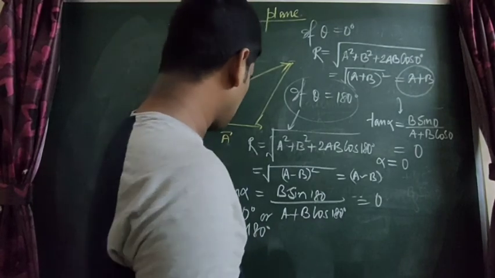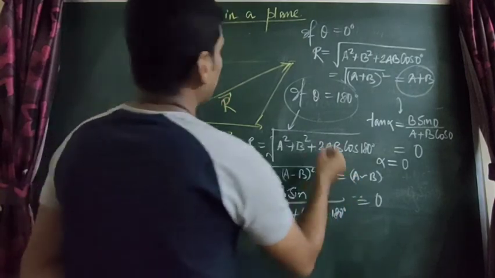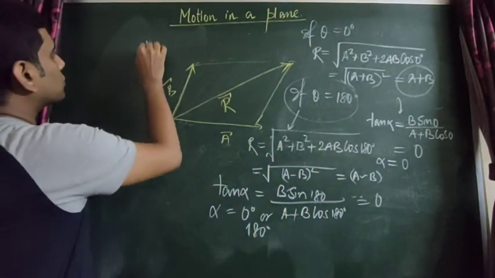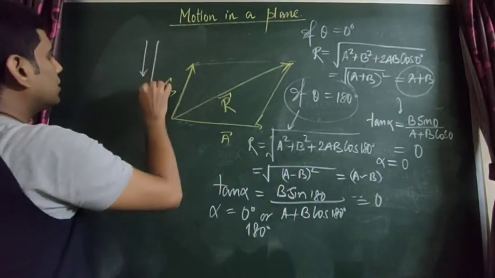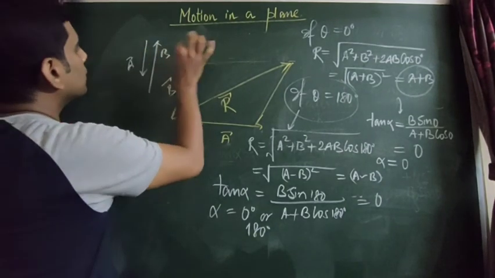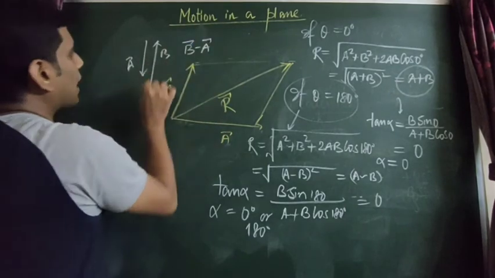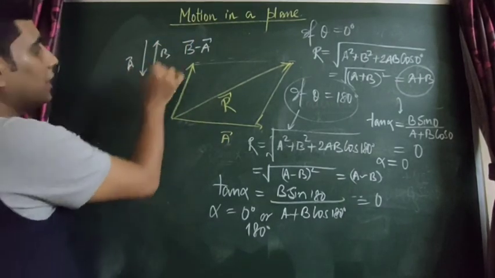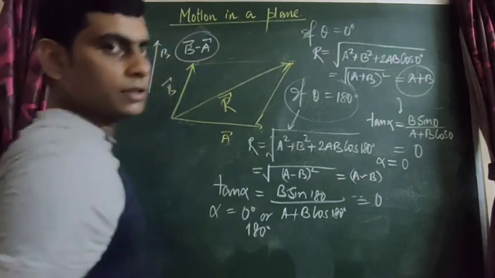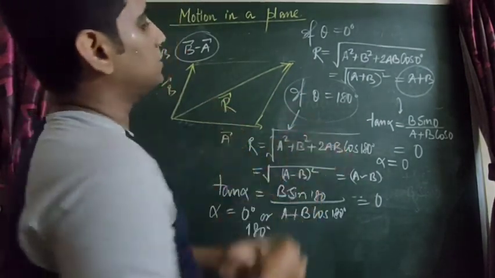They are anti-parallel. But which one will be greater? Suppose this is A and this is B. If we do B minus A, as B is bigger than A, the direction will be towards B. Similarly, if A is bigger, then the direction will be towards A.